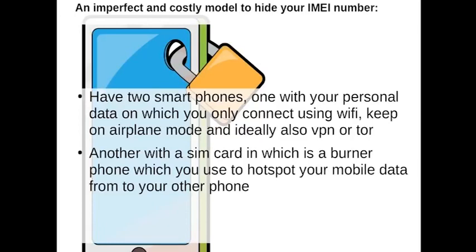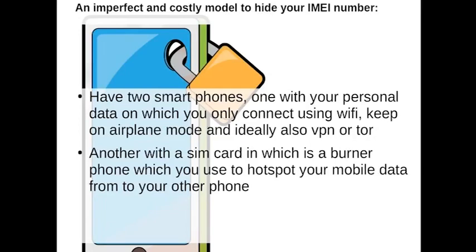So an idea to basically hide your IMEI number: you can change your SIM every day if you want, but you're still using the same phone, so your IMEI number is still identifiable. A way to circumvent that is to have two smartphones, one with your personal data on, but you only keep this in airplane mode, and then just turn the Wi-Fi on.